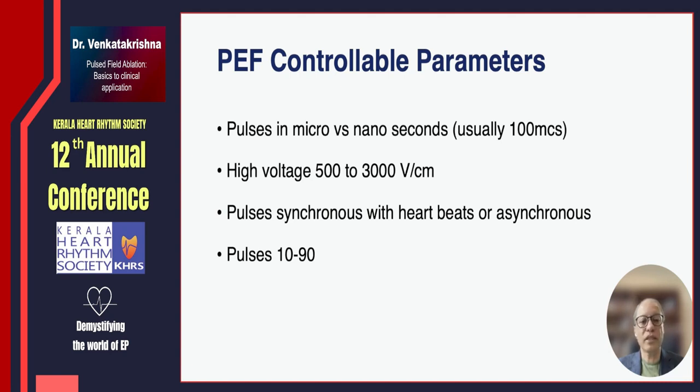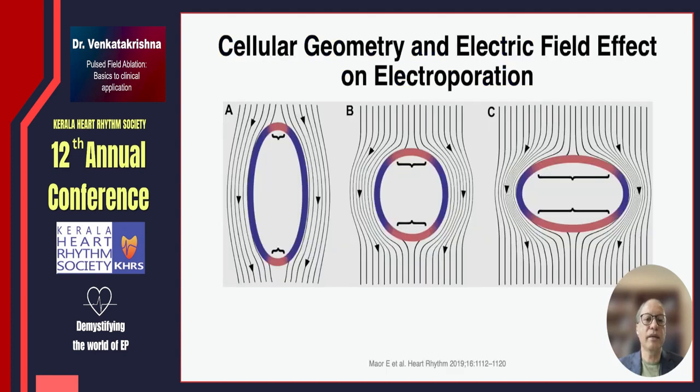There was a question about using asynchronous versus synchronous delivery with the QRS. There was some theory that synchronous delivery is helpful to reduce the risk of proarrhythmia, but that has been quite debated, and currently it can be used both ways in different situations based on the quality of the pulse electric fields. Pulses up to 90 can be delivered.